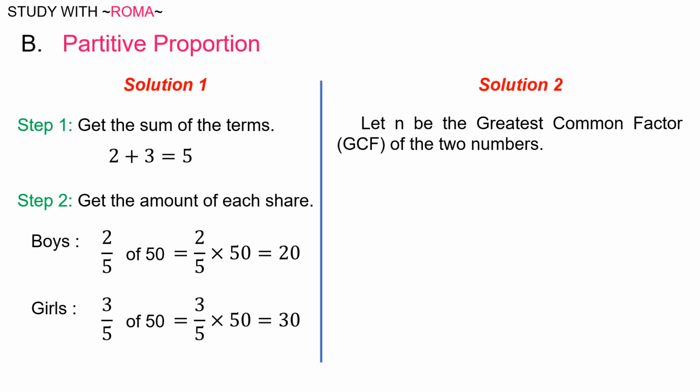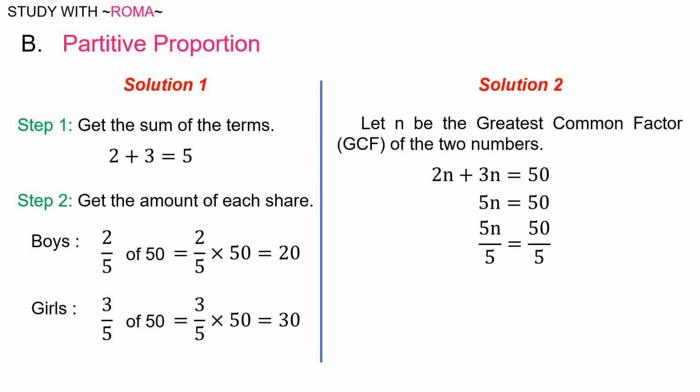For our second solution, let n be the greatest common factor of the two numbers. Our two numbers again are 2 and 3. So we have this equation, 2n plus 3n is equal to 50, the total number of students. So 5n is equal to 50. Then solve for n.